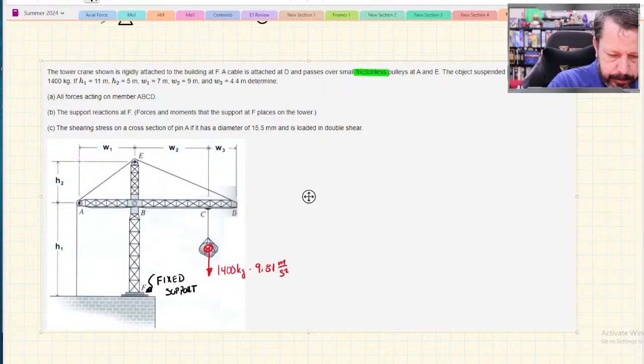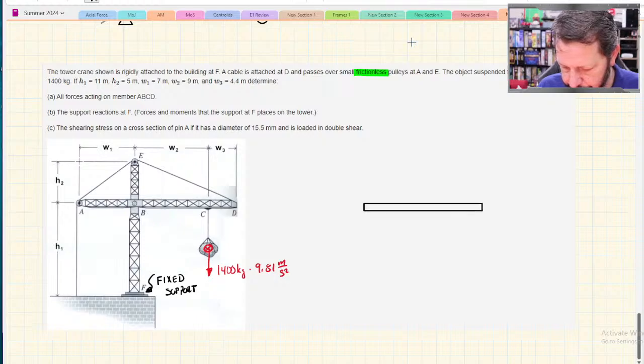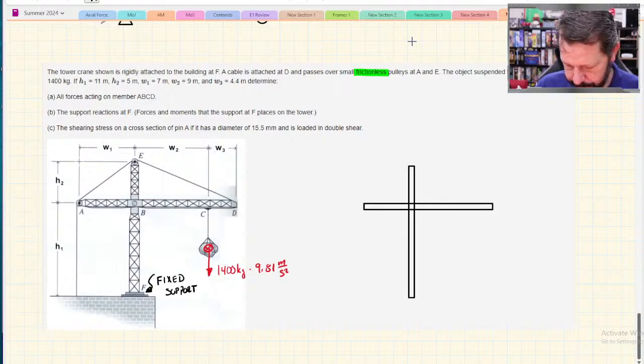I was drawing in green. So there's A, B, C, D, just all one piece. E, B, F, I'm just going to draw as a vertical rectangle. Something like that.